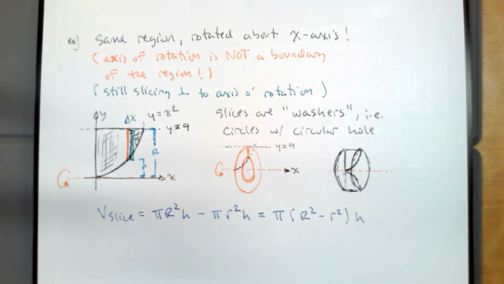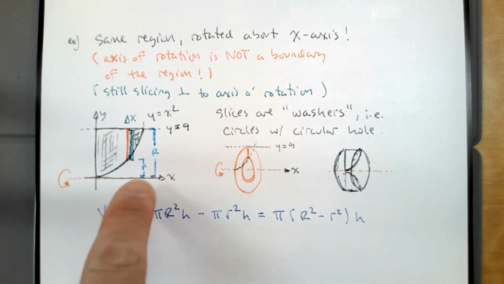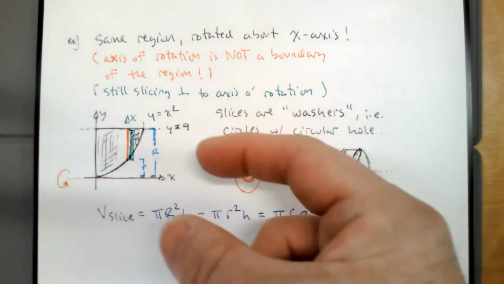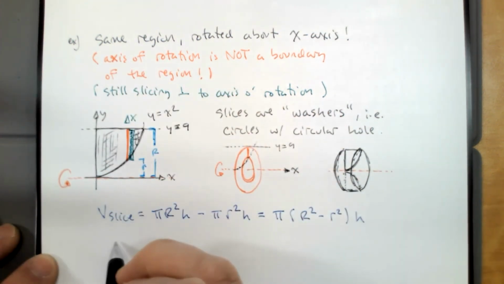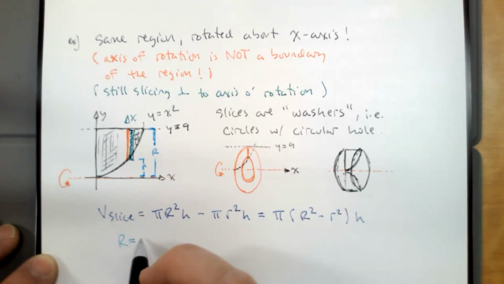Anything that you call a radius has got to be measured from the axis of rotation. That's what makes it a radius. So notice that for all these slices, big R is always going to be 9. So that's handy. Big R is equal to 9.